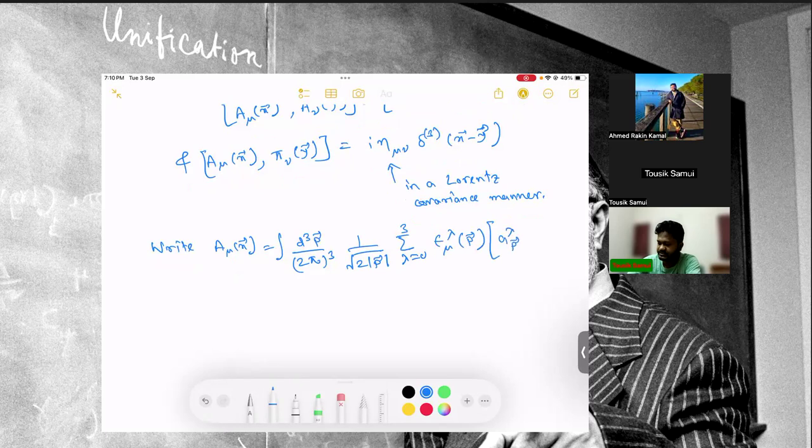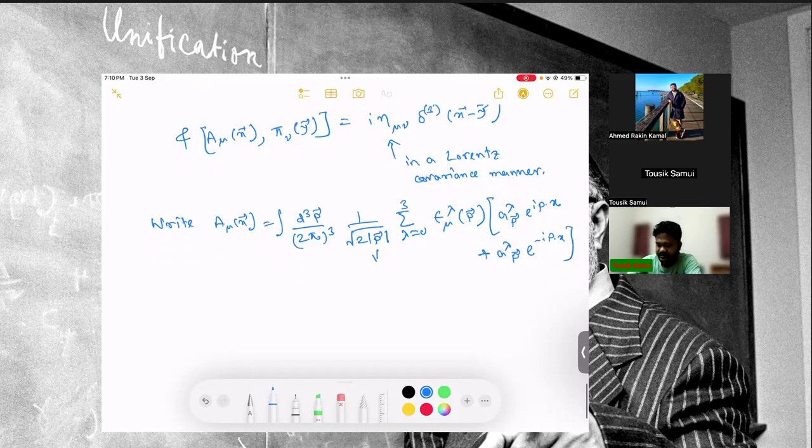This is the usual mode expansion that we had, similar to the case of the scalar field. Okay, where you can identify that this is nothing but the omega p that was introduced by Ratul, and for this case it is nothing but mod of p.